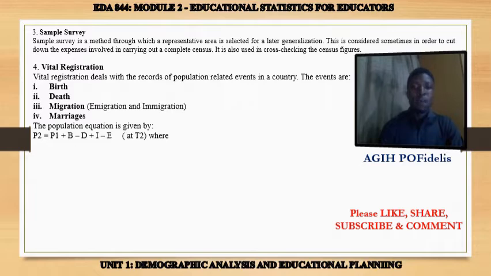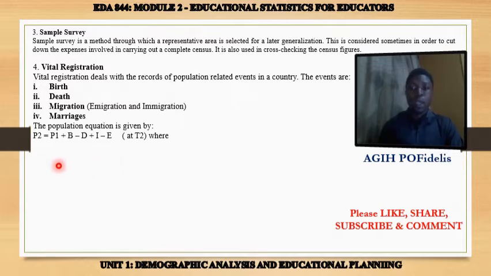Here we have the updated population, which is equal to the current population plus births, B, minus deaths, plus immigration and minus emigration.